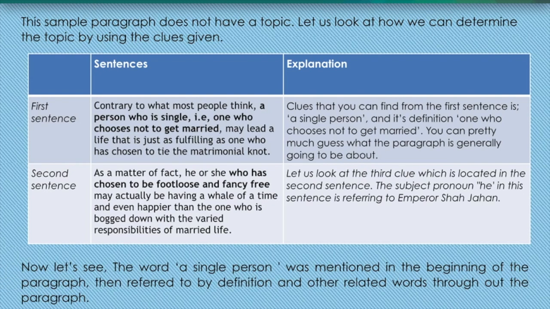Were you able to determine the topic of the paragraph? Now, let's see. The phrase a single person was mentioned in the beginning of the paragraph, then referred to by definition and other related words throughout the paragraph. Therefore, you can guess that the topic of this paragraph is a single person or the perks of being single.